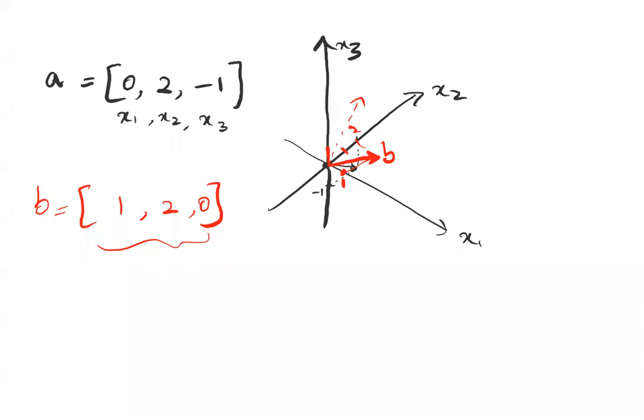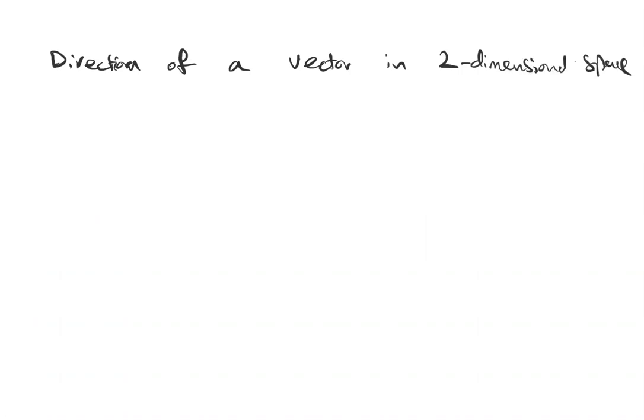All right, the next concept that I want to review here is the direction and magnitude of a vector in two-dimensional space. Let's define our vector x to be x1 and x sub 2. We can also show it with this notation.